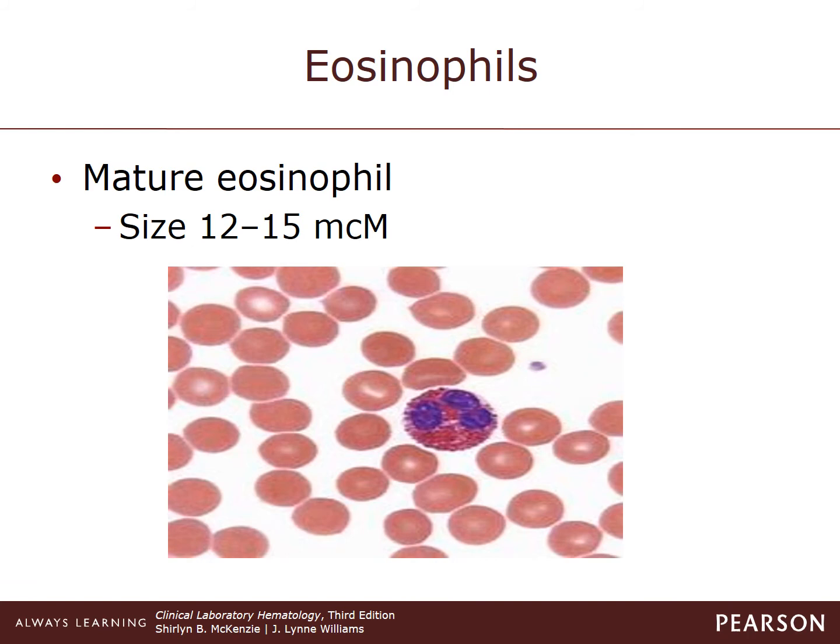The cytoplasm is completely filled with granules, and there are 3 types. First, the primary granules contain Charcot-Leyden proteins with lysophospholipase activity. The small granules are not well characterized, and they contain acid phosphatase and aryl sulfatase.